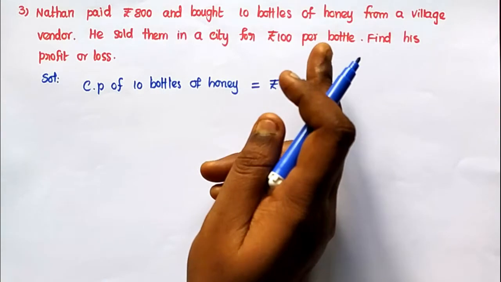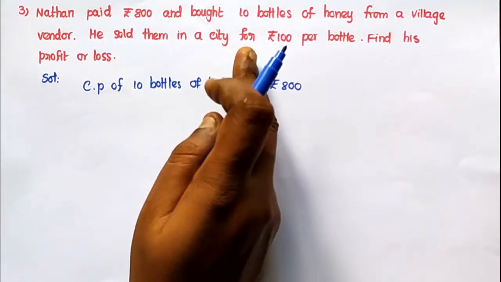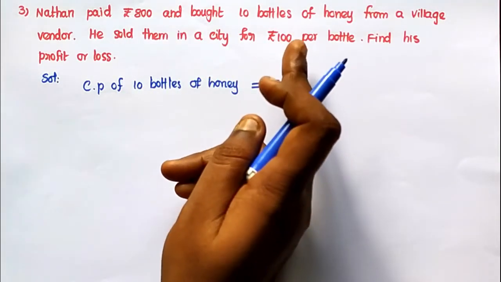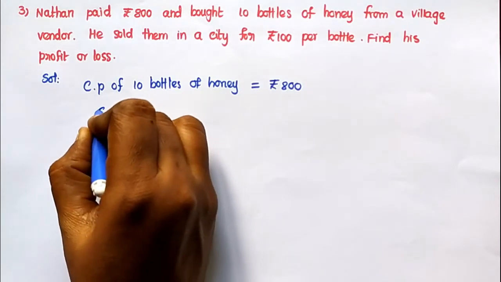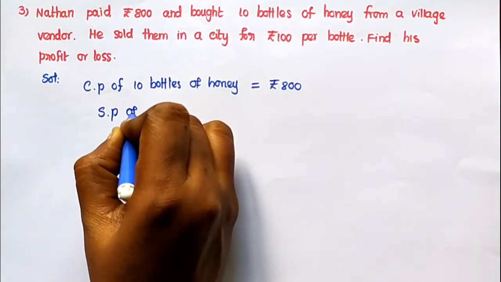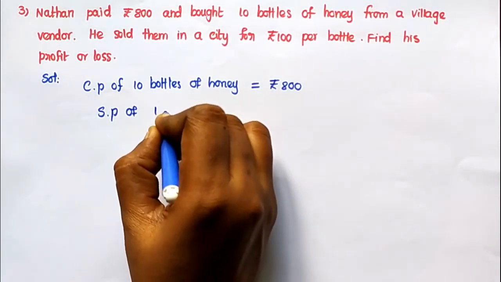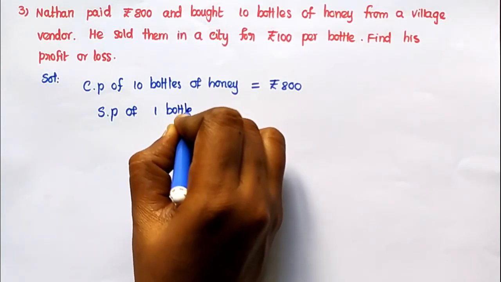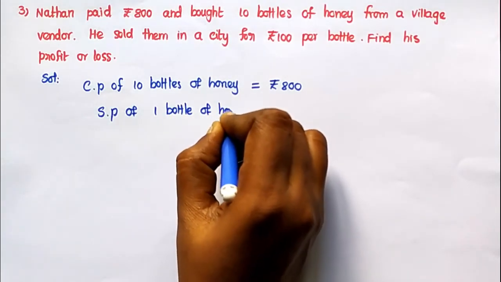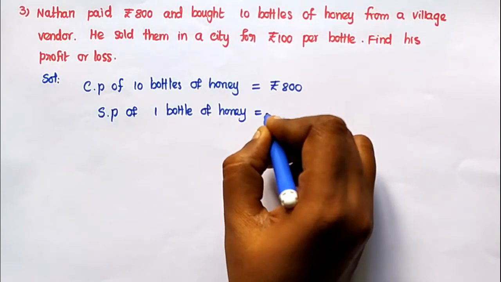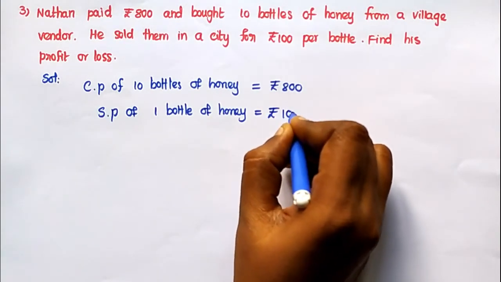Now he sold them in a city for rupees 100 per bottle. So the selling price of 1 bottle of honey, they given, that is 100 rupees.